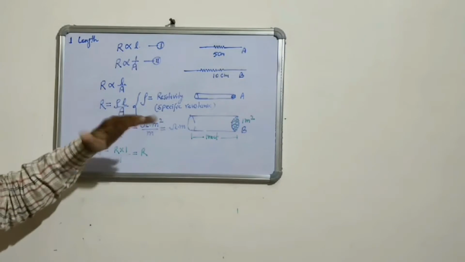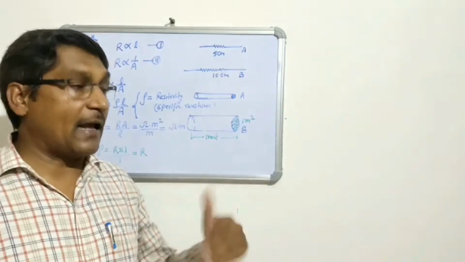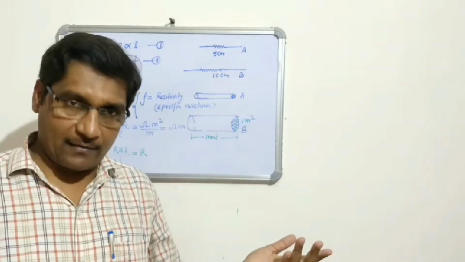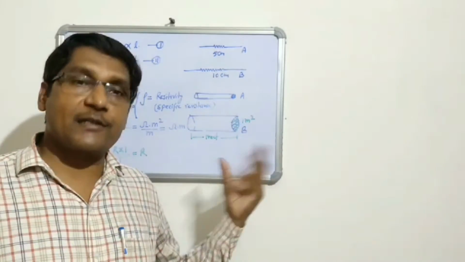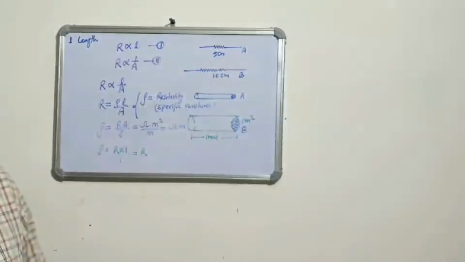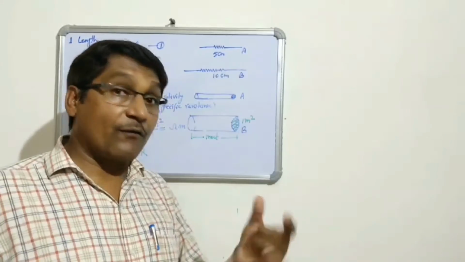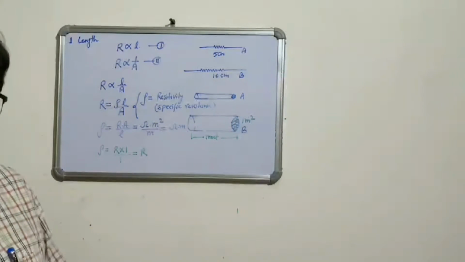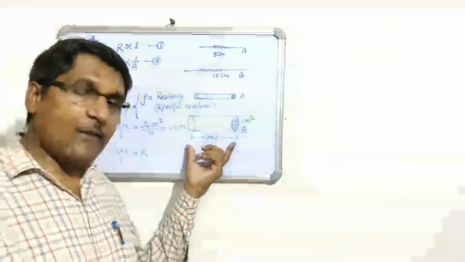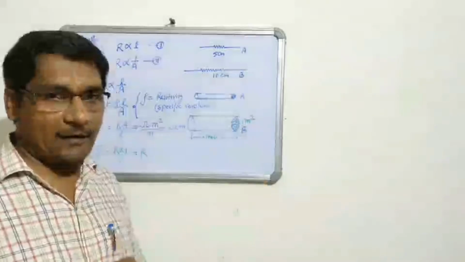And those substances that have moderate resistivity, like nichrome wire and tungsten wire, are known as resistors. The filament of an electric iron, the filament of a room heater, nichrome wire, tungsten wire, and so on have moderate resistivity.